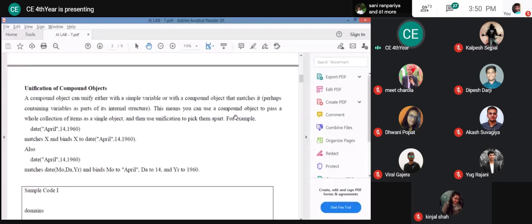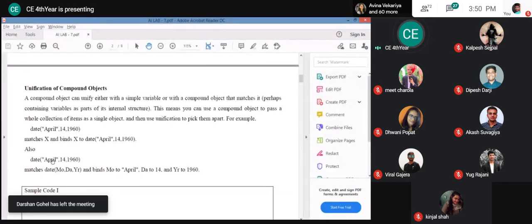Here one example is given. Let's say this is a compound object. If it matches with the simple variable X, then X is bound to this compound object. So it can unify either with a simple variable or with a compound object.